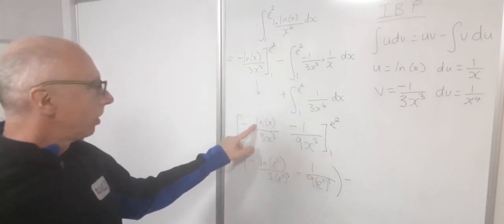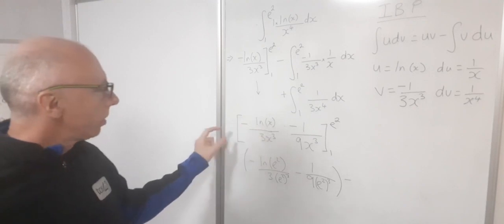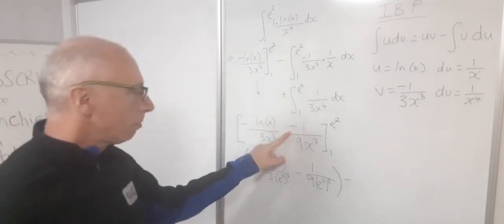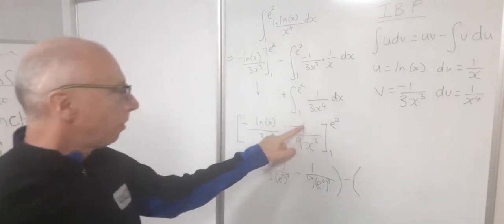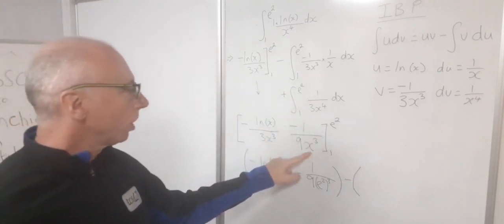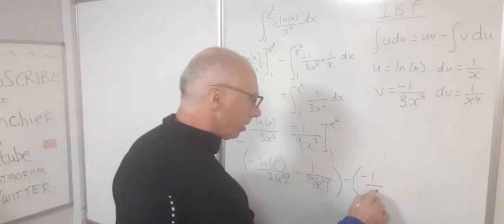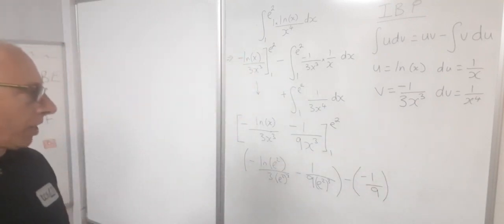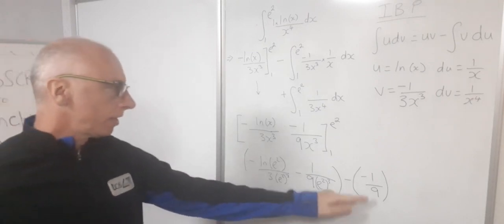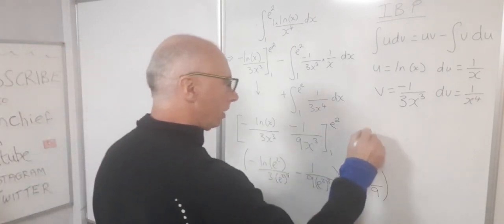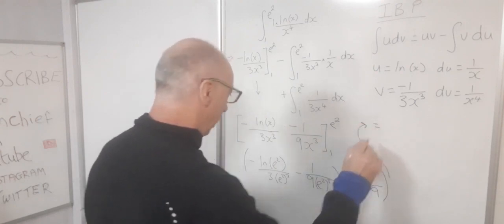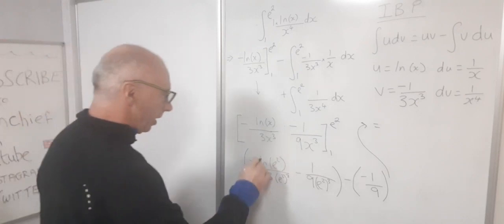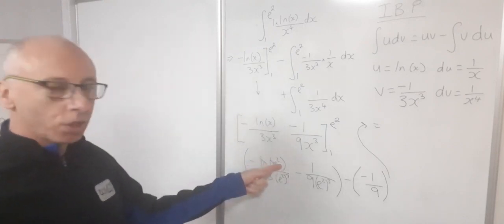So in this one, log of 1, we know is 0. So this term is going to disappear. I'm now just left with this one, which is minus 1 over 9 times 1 cubed, which is just minus 1 over 9. Okay, now let's do some simplification on here, and then we get straight into our answer. So now I've got log e squared. Well, these cancel out, and it's just going to leave me with a 2.